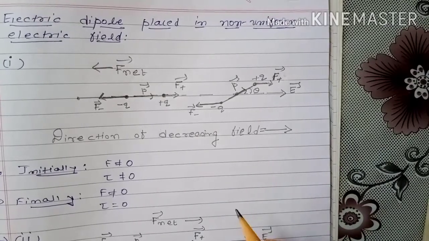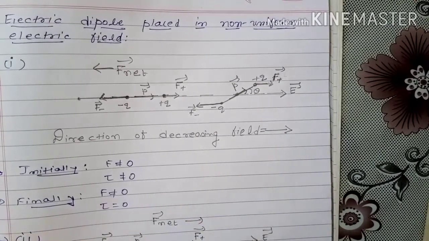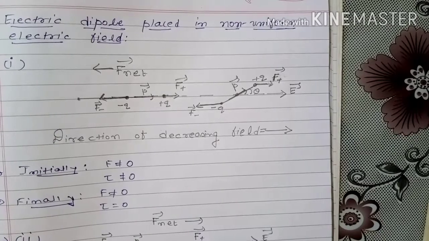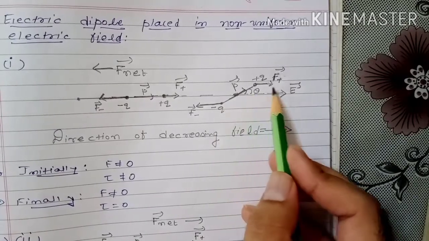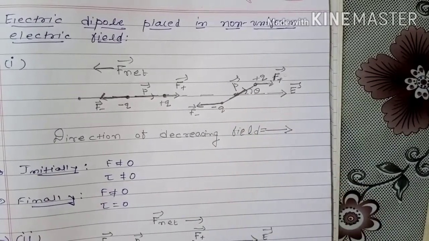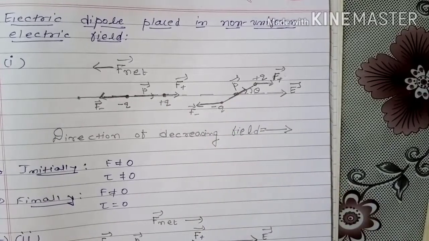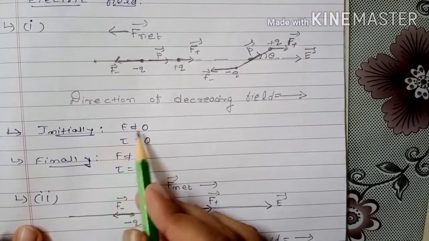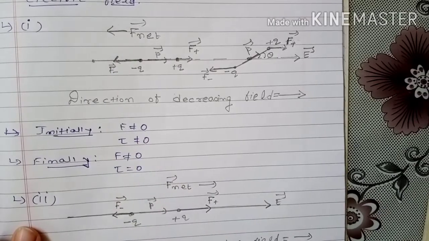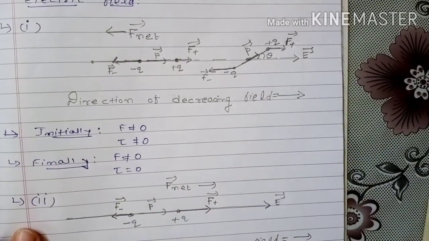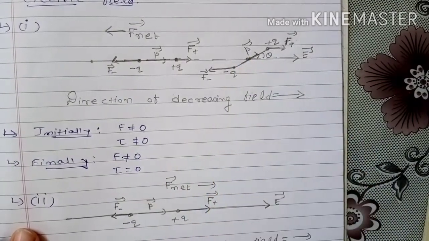So the net force will be in which direction? Towards the left, in the direction opposite to the electric field. But we know that this electric field exerts torque on this dipole. So initially we can say force is not 0, torque is not 0. Some torque will act on it because there is some angle between p and E. Therefore, we know the formula of torque, tau is equal to pE sin theta.